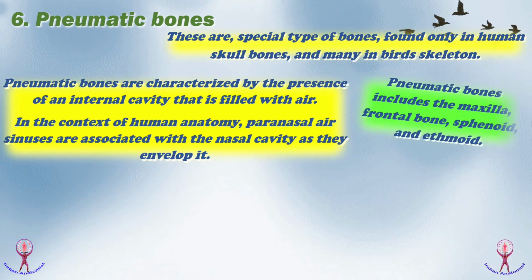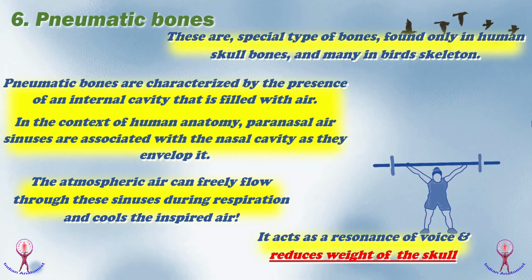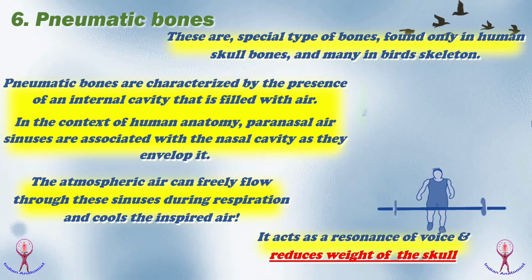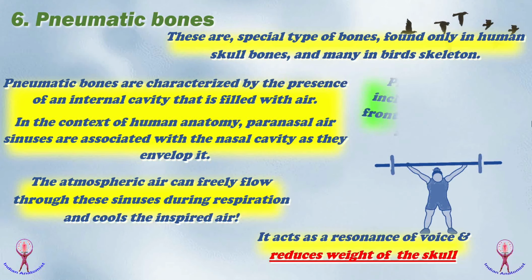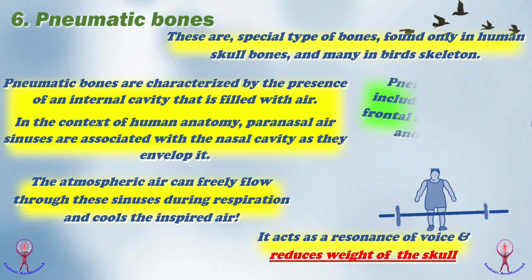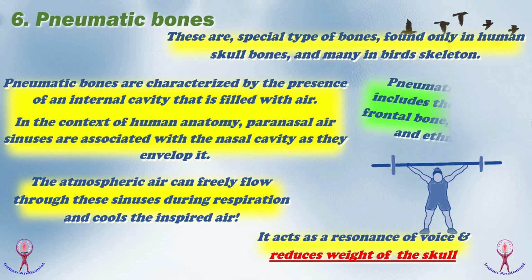Pneumatic bones include the maxillary bone, frontal bone, sphenoid bone, and ethmoid bone. The atmospheric air can freely flow through these sinuses during respiration and cools the inspired air. It acts as a resonator of voice and reduces the weight of the skull.